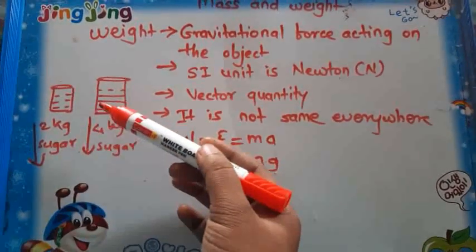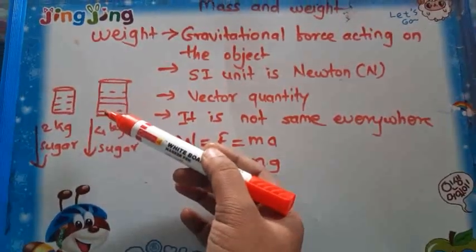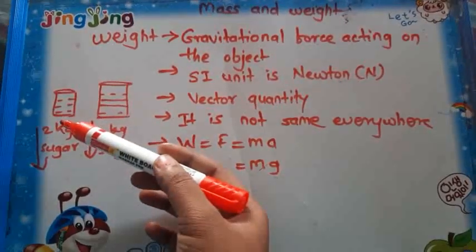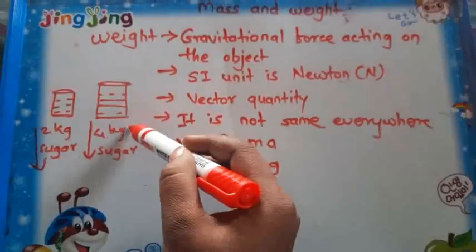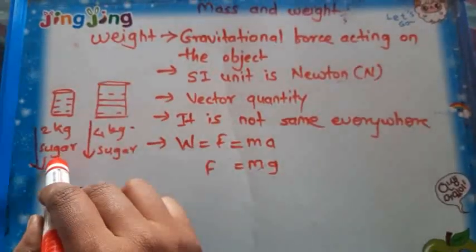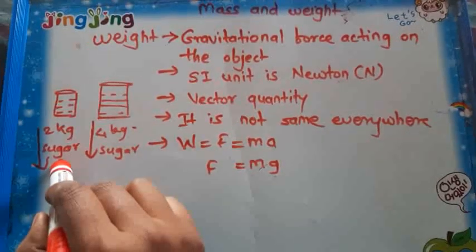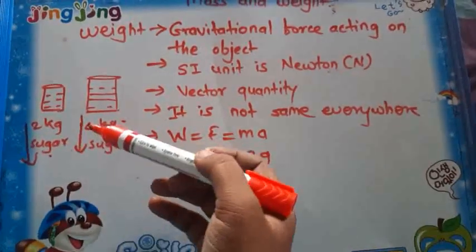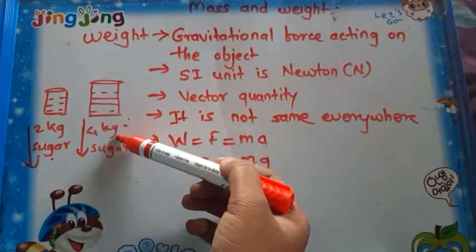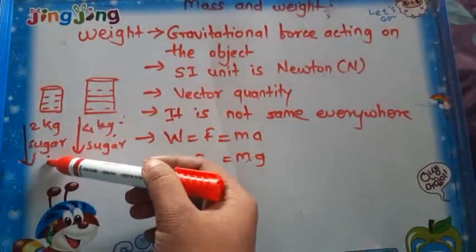As the second cup has higher mass than the first cup, gravitational force acting on it is more, and gravitational force acting on the first is less. So the weight of the second cup filled with 4 kg sugar is more than the first cup.